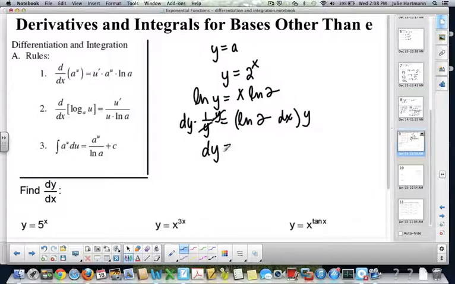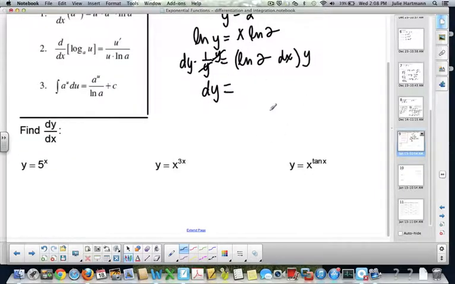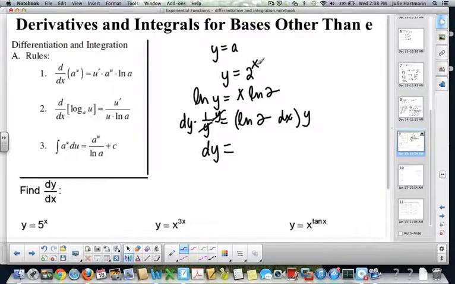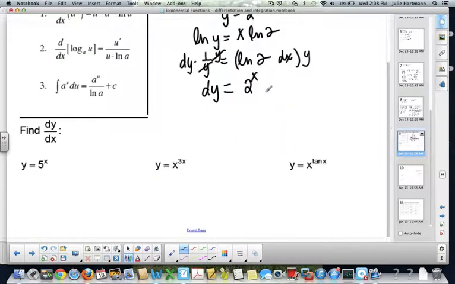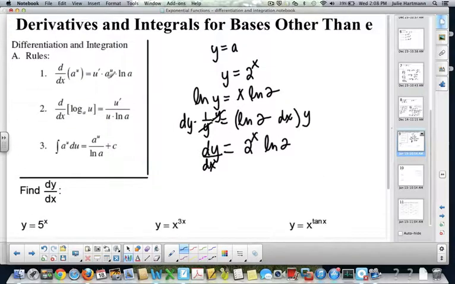You get dy equals, now, y on this side, y is 2 to the x. So you have 2 to the x times ln of 2. And I'm going to move the dx over here, so dy dx equals 2 to the x times ln of 2.